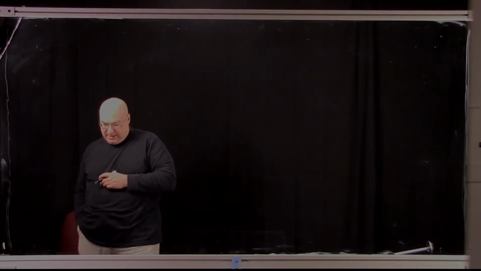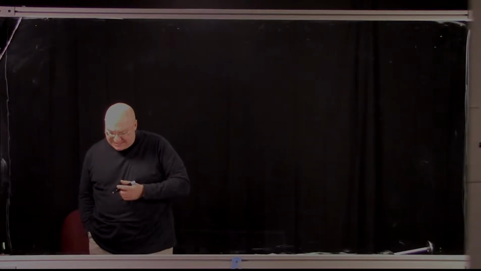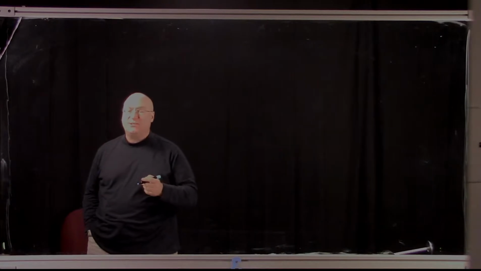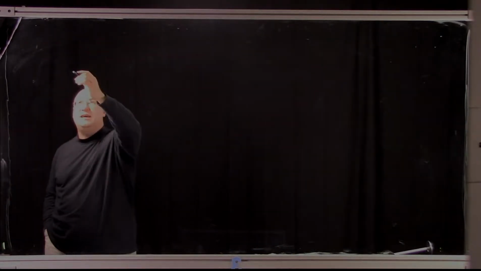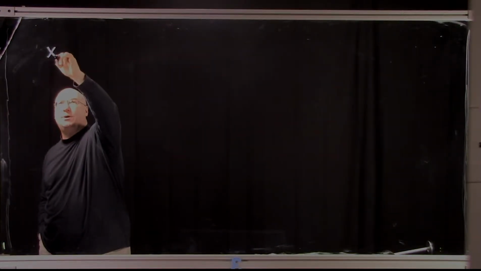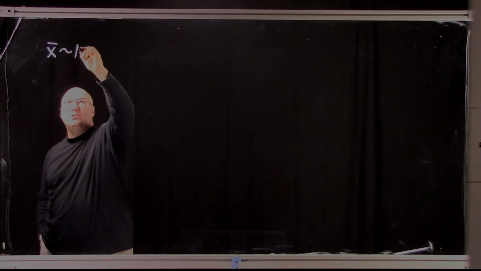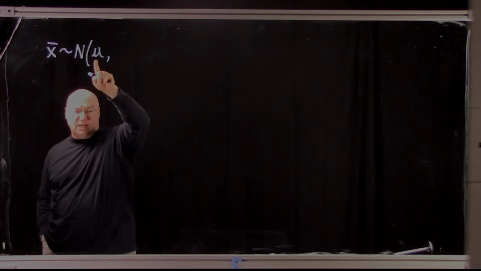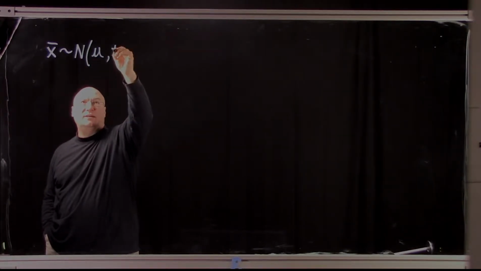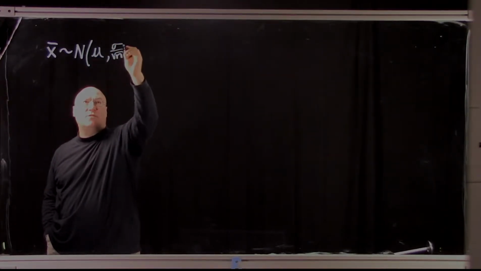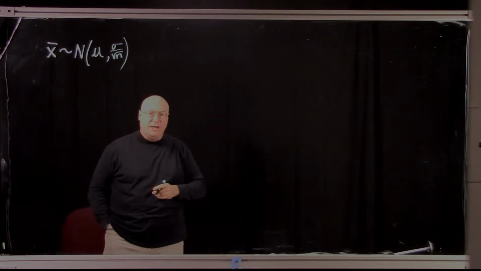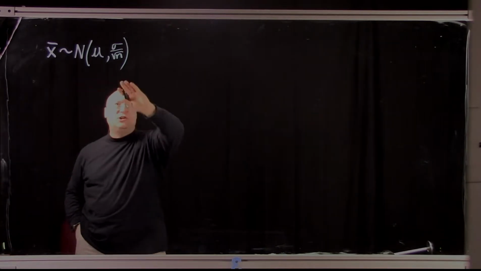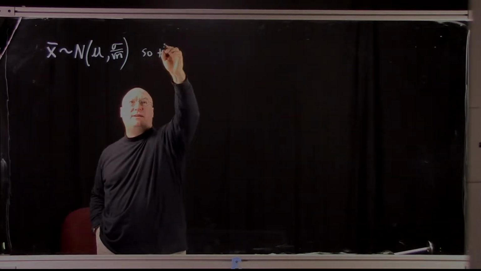We know that for a large enough sample size n, the central limit theorem, CLT, says if we pick a sample size n big enough, we can assume that x bar is normally distributed with mean mu, this unknown mean, and the standard deviation is then sigma over the square root of n, where n is the sample size.